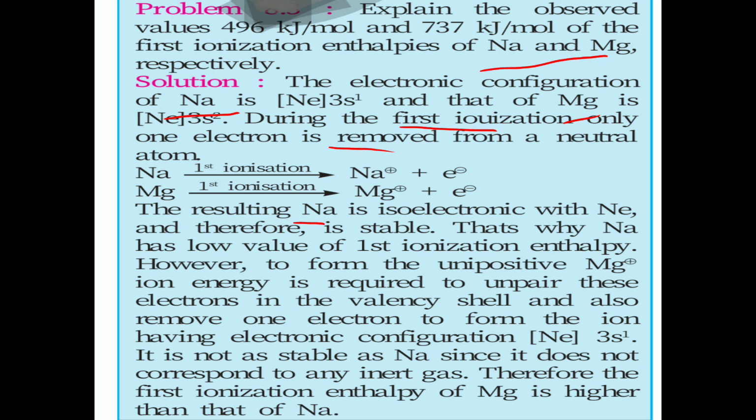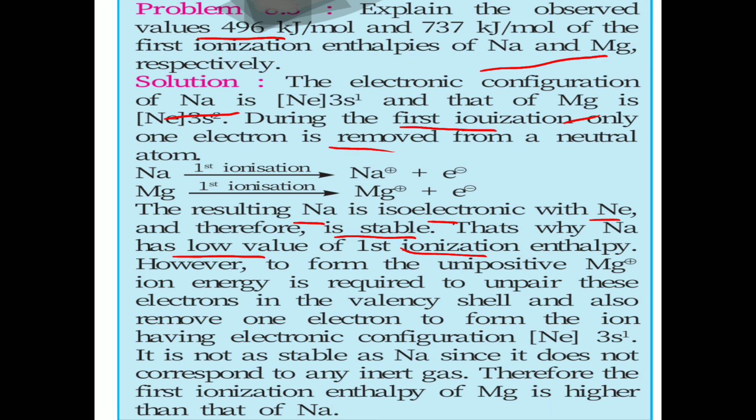The resulting Na+ is isoelectronic with neon, because Na has only a single outer electron; when it is removed, it attains the inert gas configuration, neon, and therefore it is stable. That's why Na has a low value of first ionization enthalpy, that is 496 kJ per mole.